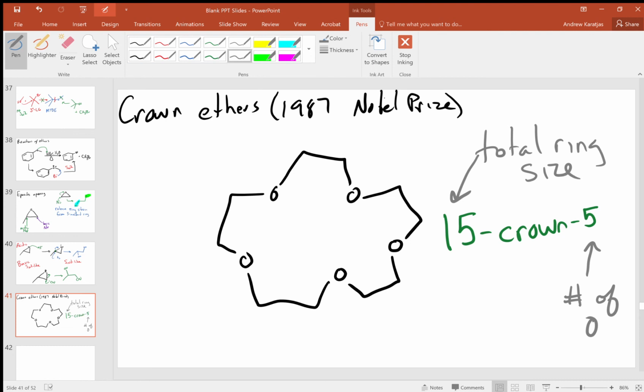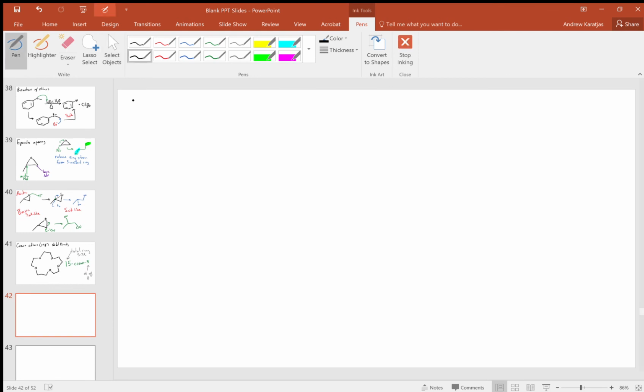So, what's important about crown ethers? Well, crown ethers are a good example of what we call a phase transfer catalyst. All right, what do we mean by that? Well, previously we've learned that a compound like potassium permanganate is a very effective oxidant for organic compounds.